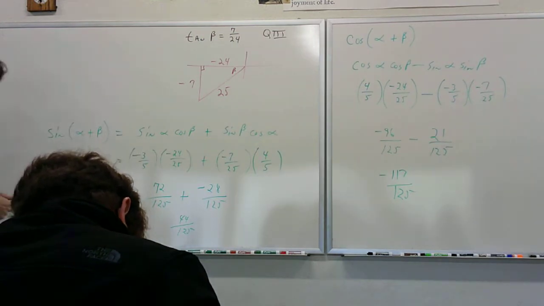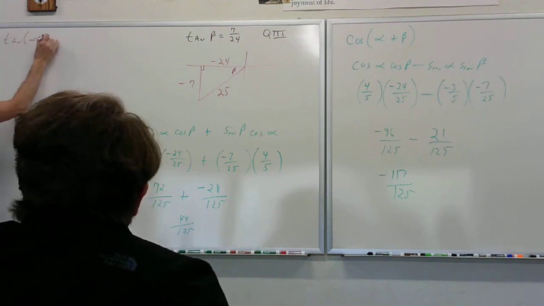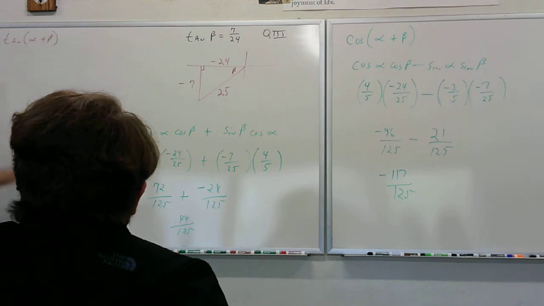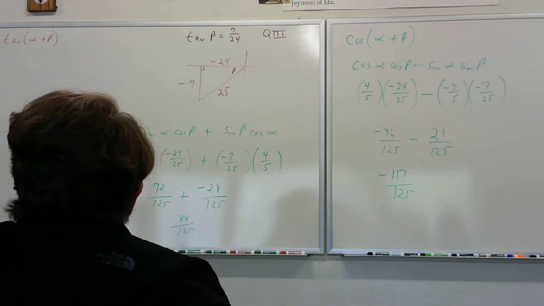This is one of those things I'm going to save you some pain and agony on. You got two options. If I was having to find this, and I did not have to find anything else, I would use the formula that's on the back of your page. But I'm not going to use that formula because I know that that equals what?